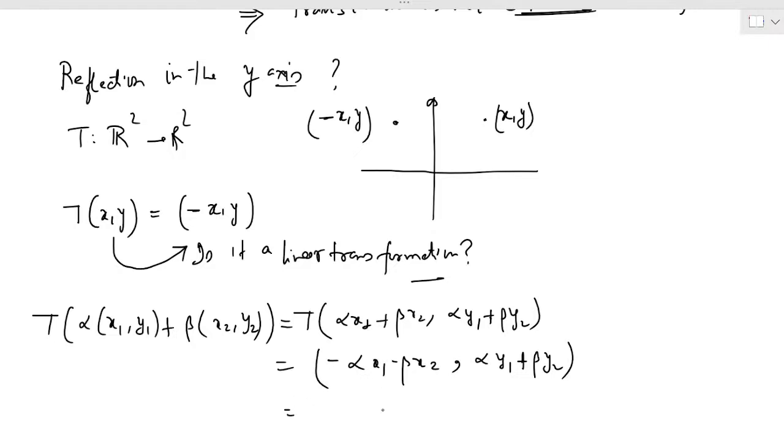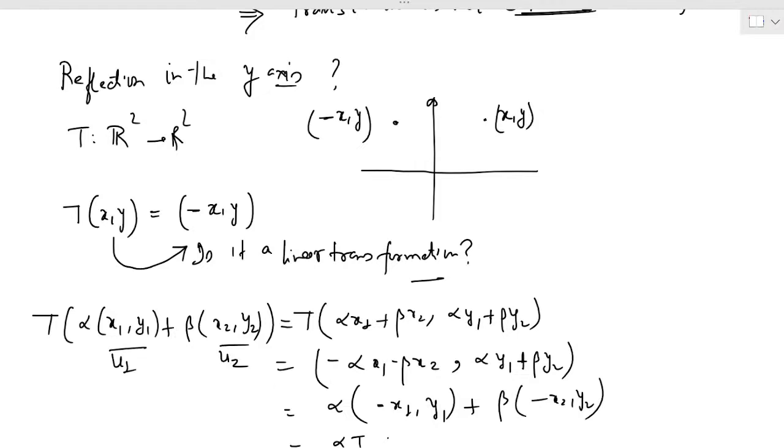This is equal to alpha times (minus x1, y1) plus beta times (minus x2, y2), which eventually is equal to alpha T of u1 plus beta T of u2, where this is your u1 and this is your u2. So clearly I can say that T is a linear transformation.